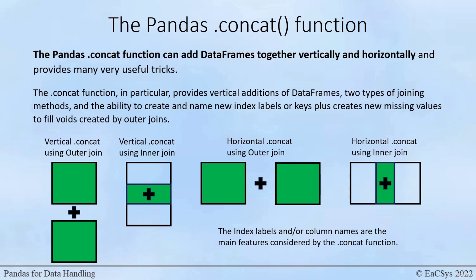The concat function uses outer join methods as a default, but can also use other types of joins, for example, inner joins. Outer joins means that all rows are added together regardless of the key structure in the different data frames, whereas inner joins means that only rows which have the same key in both data frames are added together.